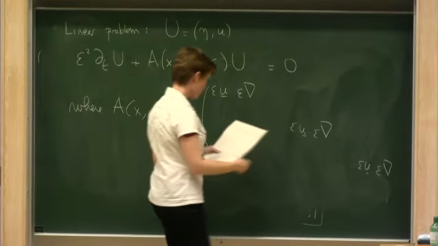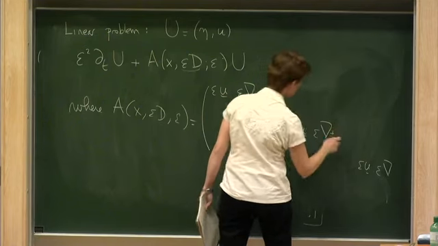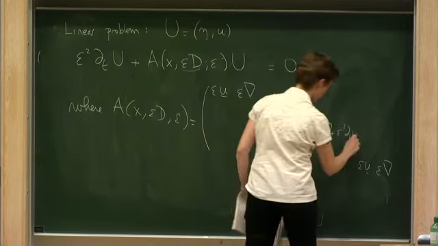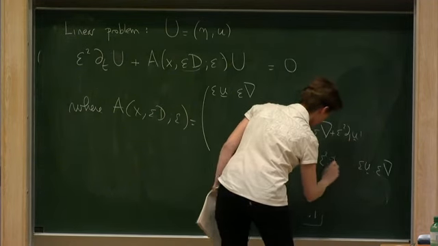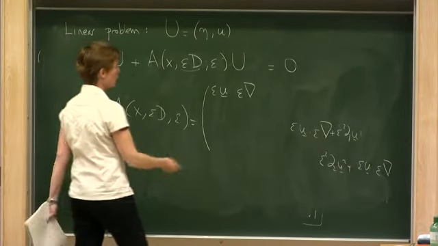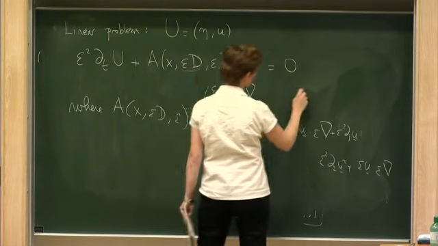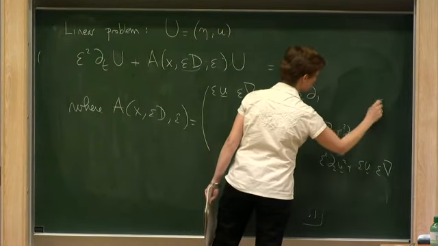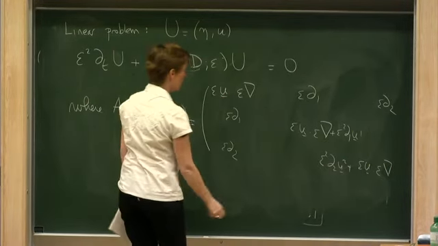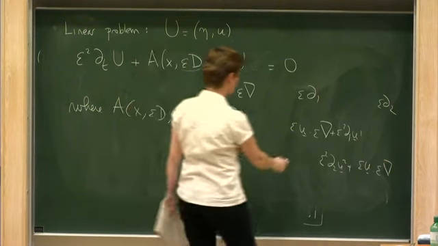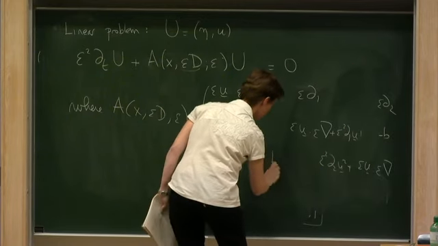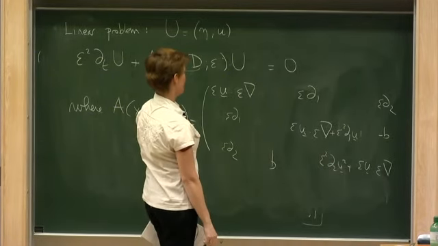And then I have some small terms due to the reaction term, which are very small: d1 u1, and then I have epsilon squared d2 u2. Now, here I have the term coming from the gradient, like an incompressible limit kind of term. And then missing 2 terms here and here, which are the rotations. So I have plus b, minus b here, b here. Okay, this is very badly written.